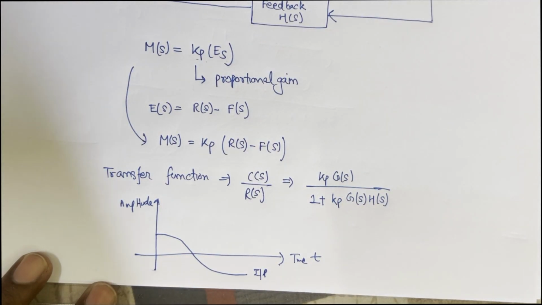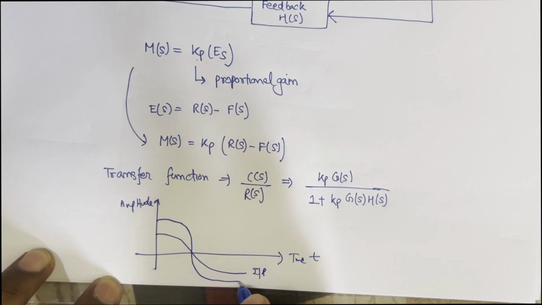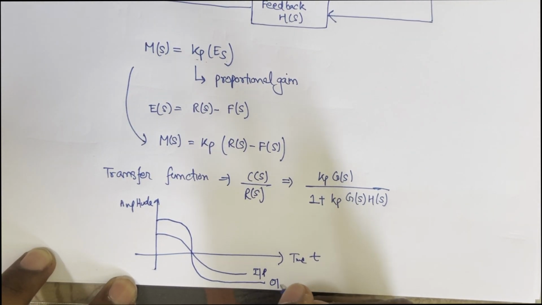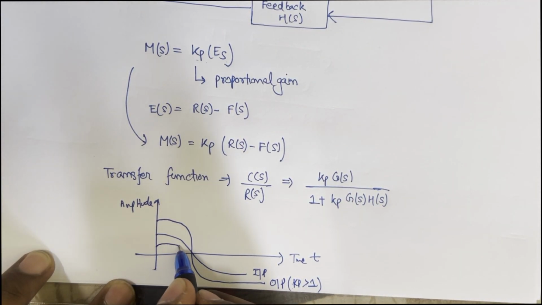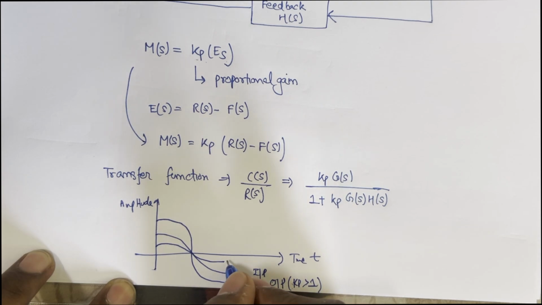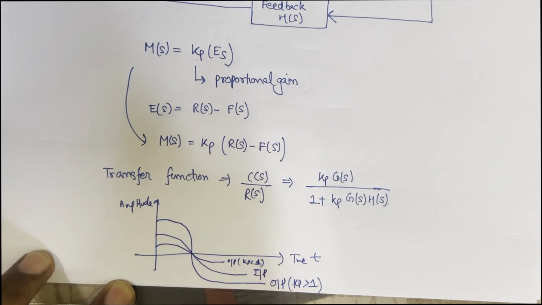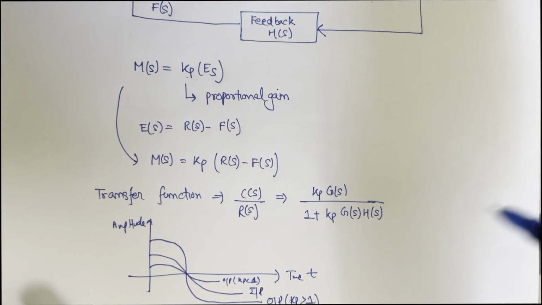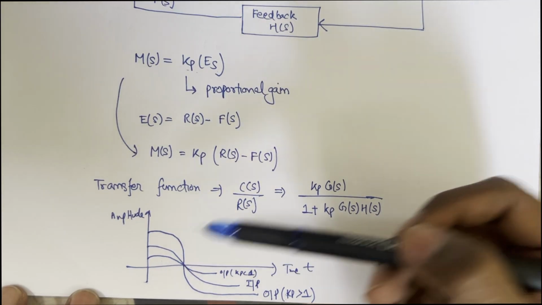So if Kp is greater than 1, then the amplitude will increase and the output will look like this. Whereas when Kp is less than 1, the output will look like this. As Kp is directly multiplied to the input, there will be a change in amplitude of the output. Now let's understand what happens when the Kp changes.